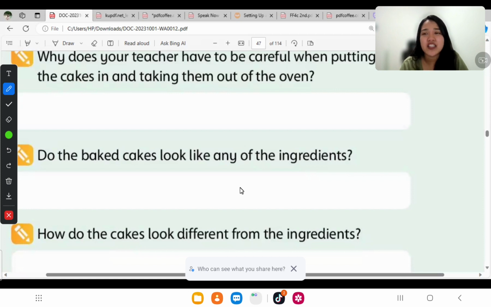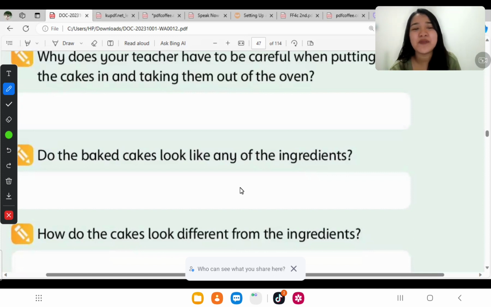When you bake a cake, does it look like an egg when you take it out? Does it look like flour when you take it out? Yes or no? Does it look the same, yes or no? No.